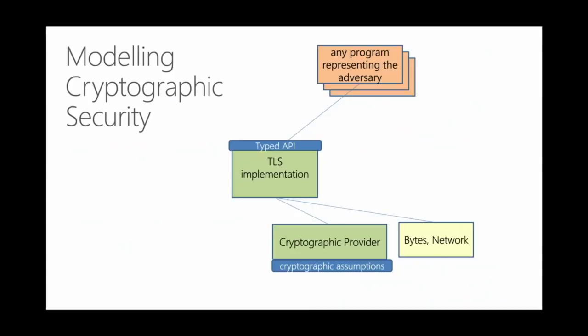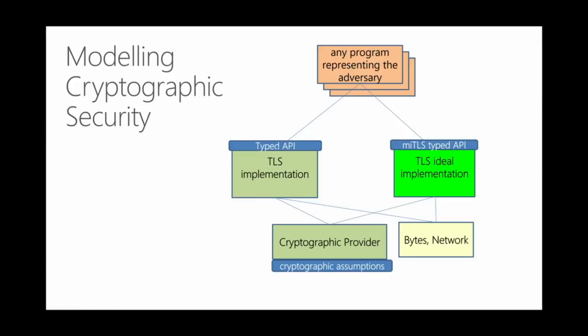So the way in which we model cryptographic security, and prove it, is in the following manner. You have a concrete implementation of TLS that's using a crypto provider, a crypto library that's implementing the actual algorithms. And you have an application program which may also represent the adversary interacting with TLS.